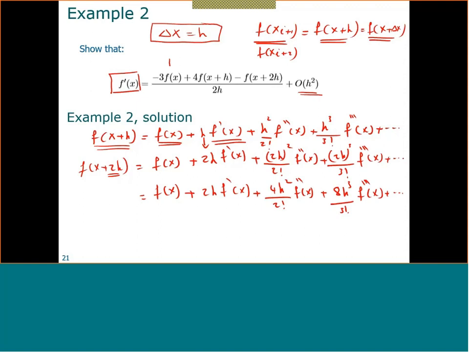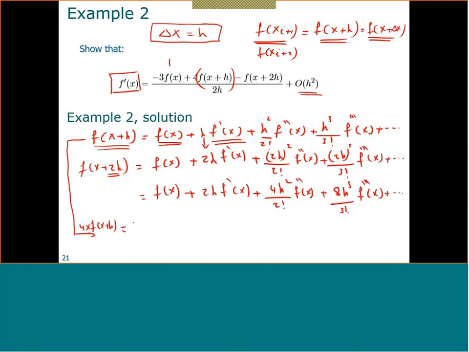Now also I need not just f of x plus h, but I need 4 times this. So I will multiply this by 4. So we need 4 times f of x plus h. So whenever you are asked a question like this to prove a certain statement, this is the approach you should take. So I will multiply all the terms by 4.